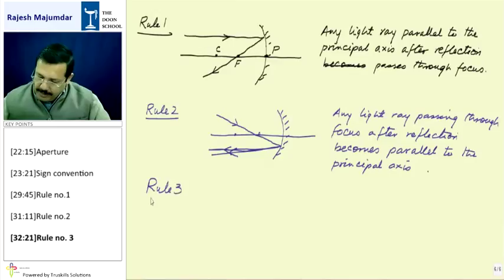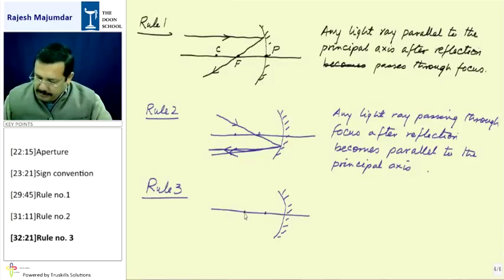And rule number 3 is any light ray which is passing through center of curvature will bounce back in the same path.